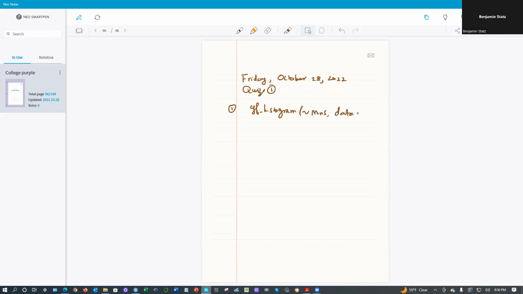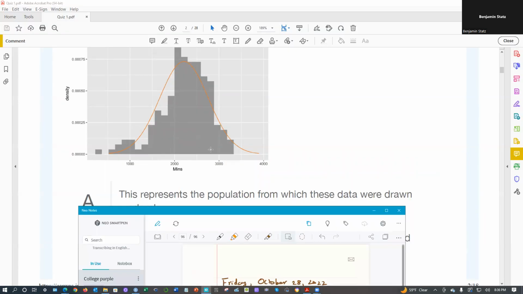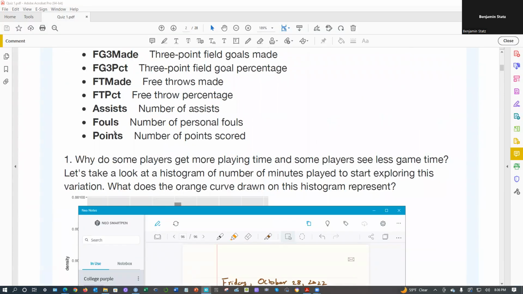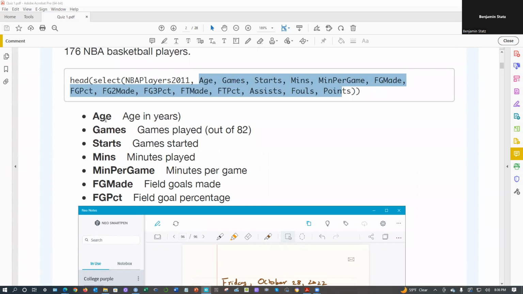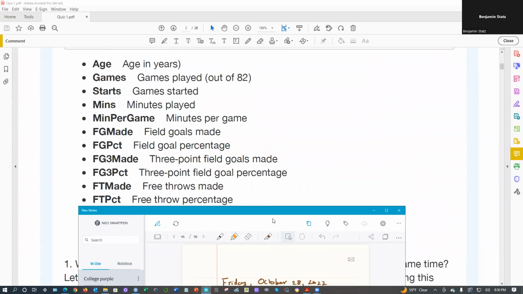The data is nothing but NBA players 2011, see?